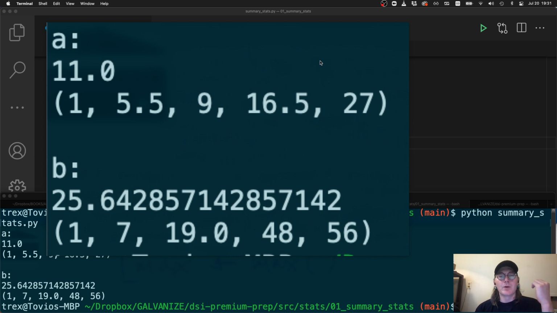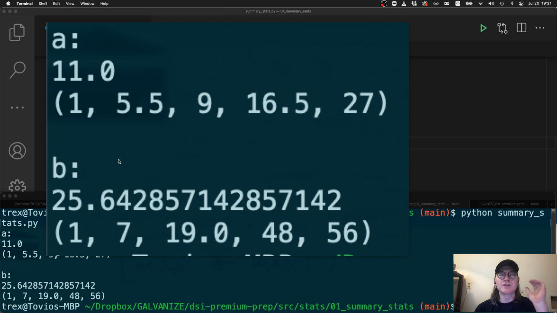I'm asking which is the better measure of centrality? The mean, which we're seeing for A as 11, and the median is 9. Or for B, the mean is 25 and the median is 19. Right? How do we want to think about this in terms of one measurement being better than the other?